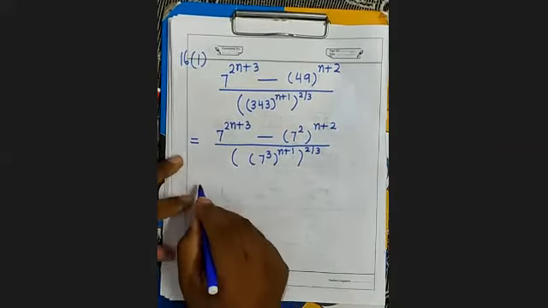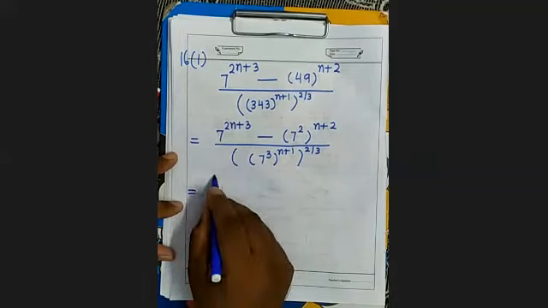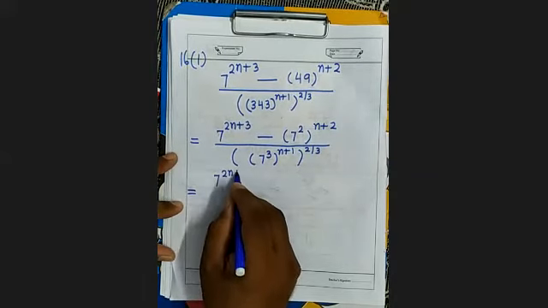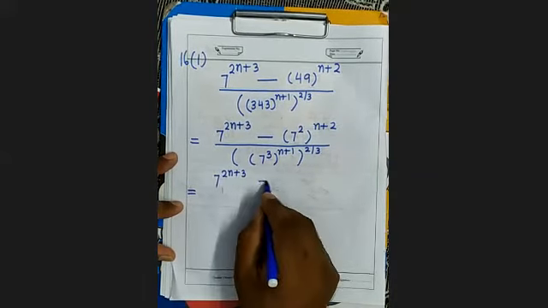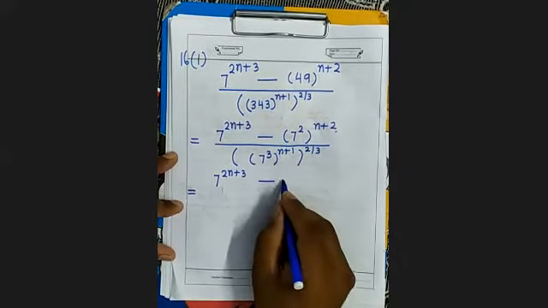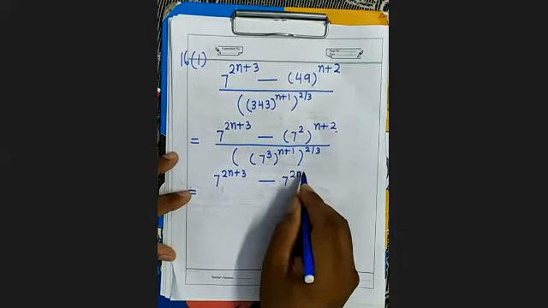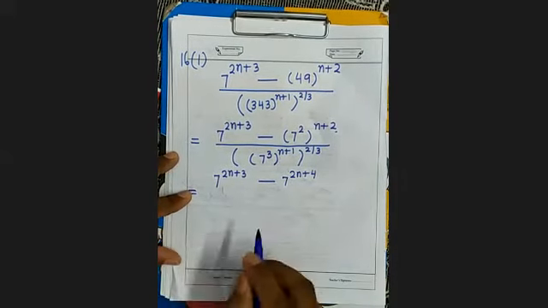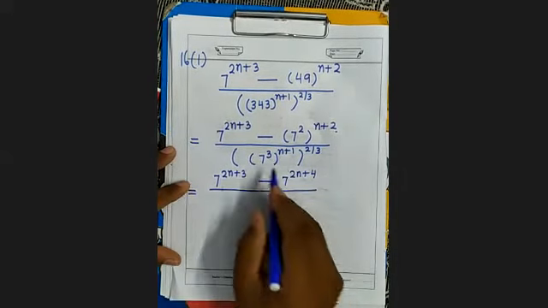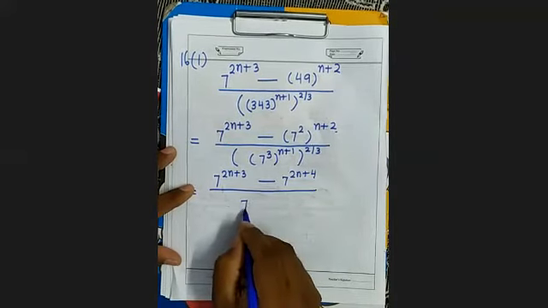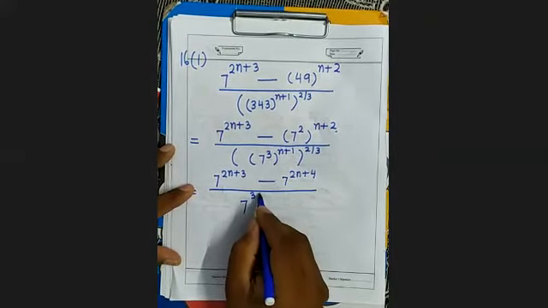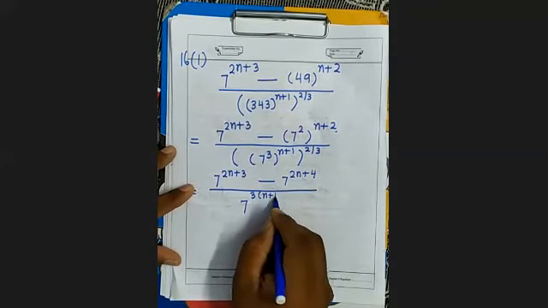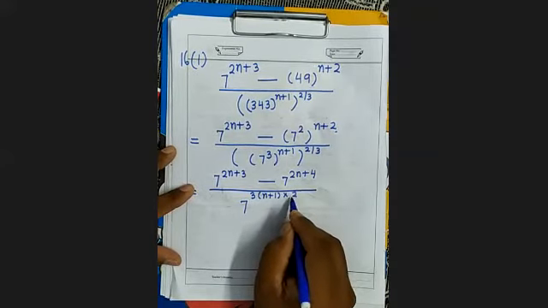So see here, it will be 7 to the power 2n plus 3 minus, when you multiply, 7 to the power 2n plus 4, divided by, here all the powers will multiply, n plus 1 into 2 upon 3.